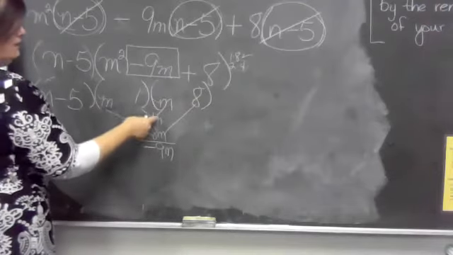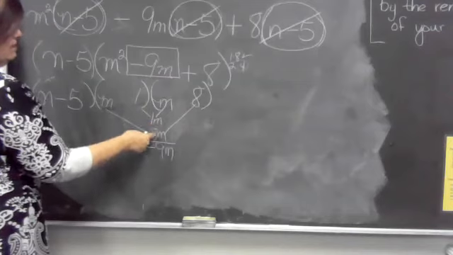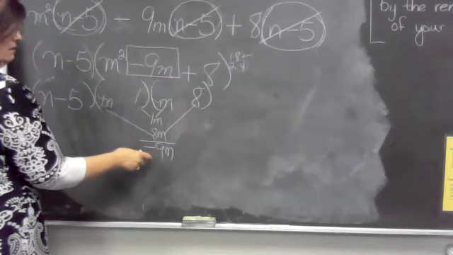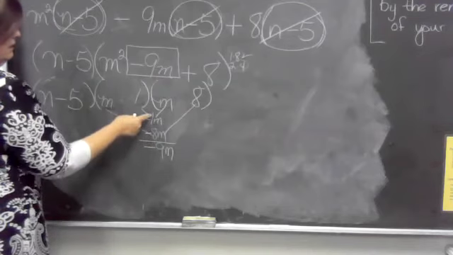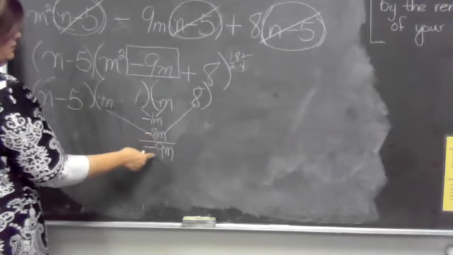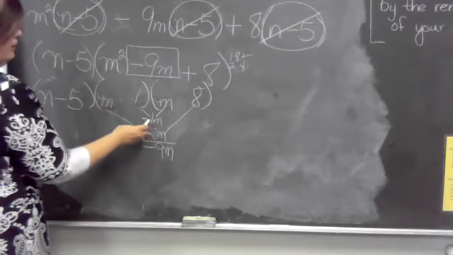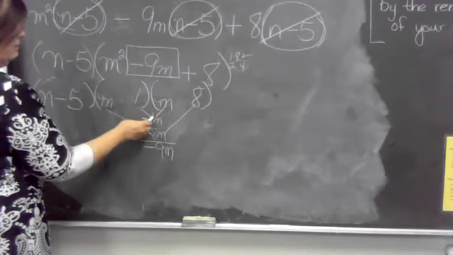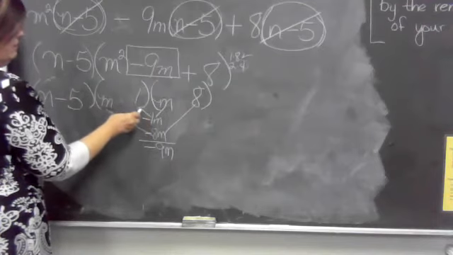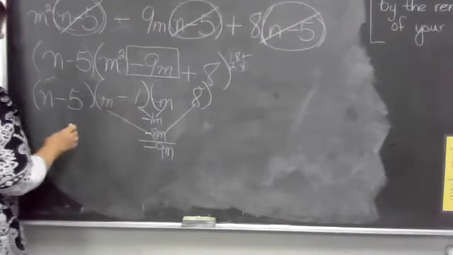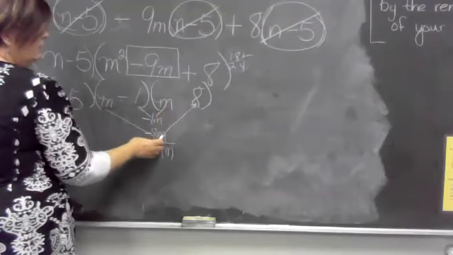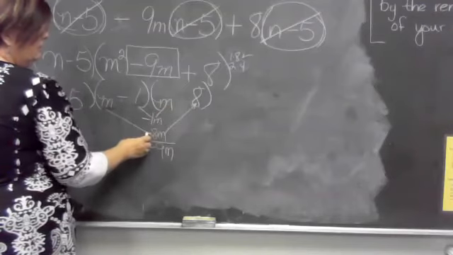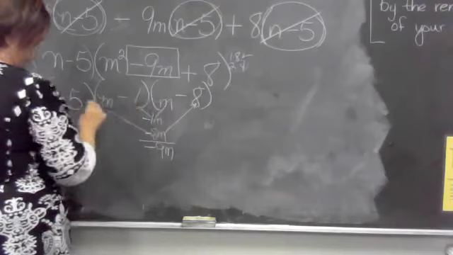So the only way that I can add this 1 and this 8 together and get a negative 9 is if both of them are negative. Negative 1 plus a negative 8 gives me a negative 9. So I follow this 1 back up to where it came from, and it's a minus. I follow this to the 8 where it came from, and it also has to be a minus.